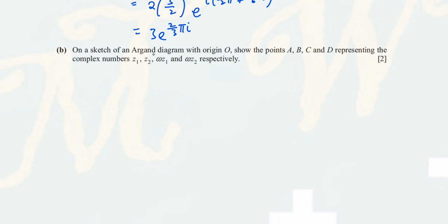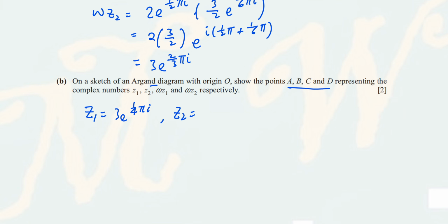Now B, on a sketch of an Argand diagram with origin O, show the points A, B, C, D representing the complex numbers Z1, Z2 and the two multiplications. So now my first complex number is 3e^(1/4 pi i), and then my second complex number is 3/2 e^(1/6 pi i).